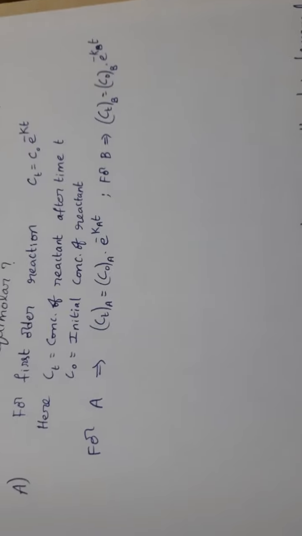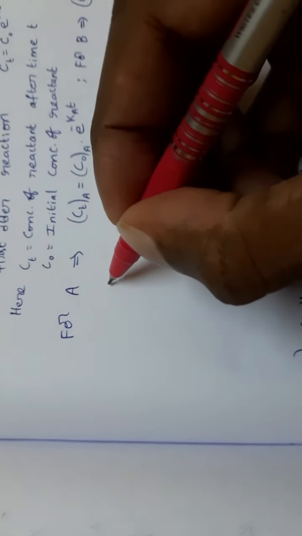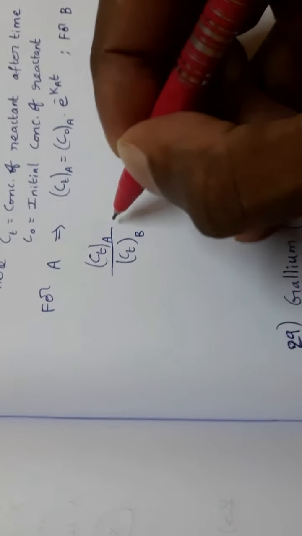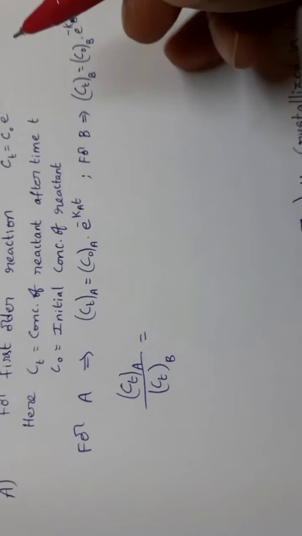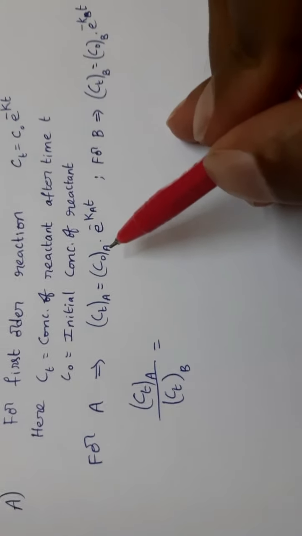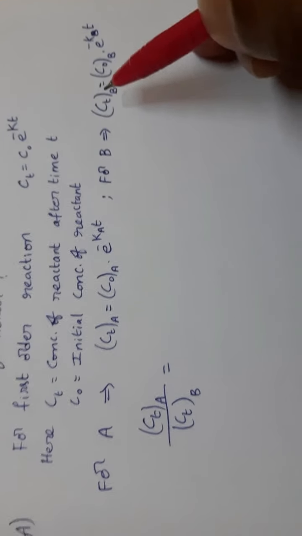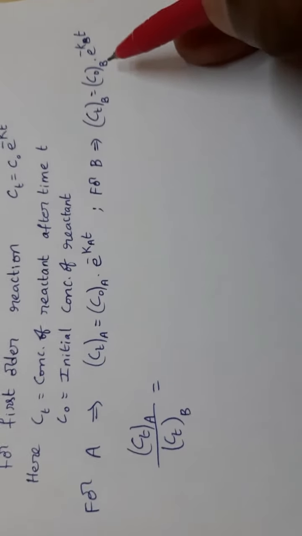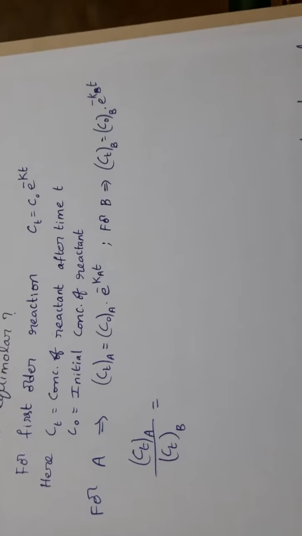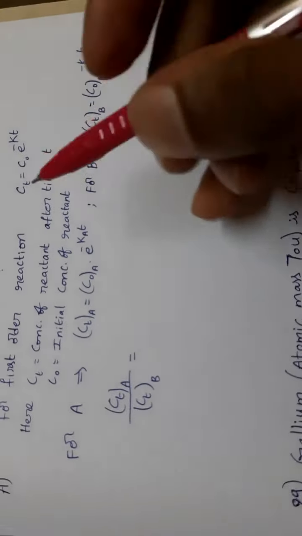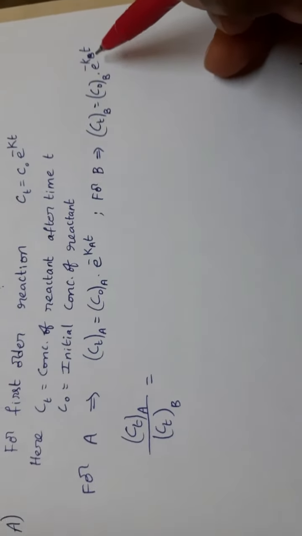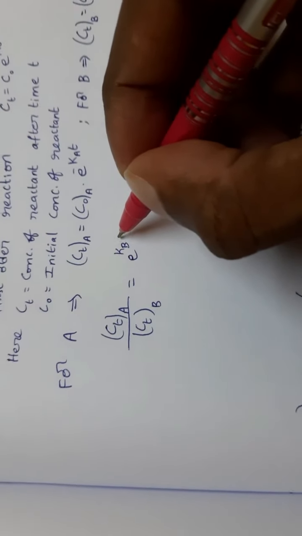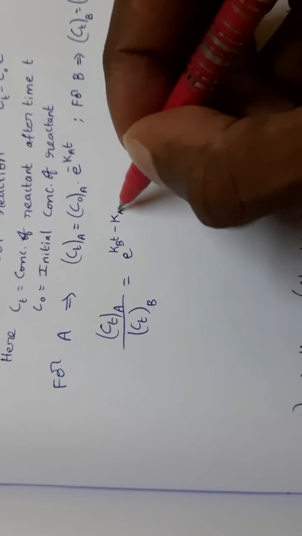Okay students, now see this: Ct of A divided by Ct of B equal to, here they mentioned initial concentrations are equimolar. Initially concentrations of A and B are equimolar, means C naught A is equal to C naught B, and these terms get cancelled. Then what is the remaining one? This divided by this, so if it comes to the numerator, we get e power Kb into t minus Ka into t.